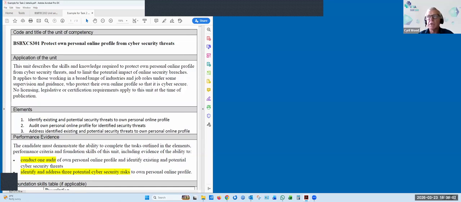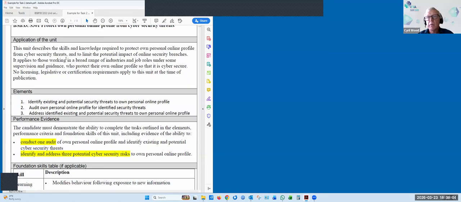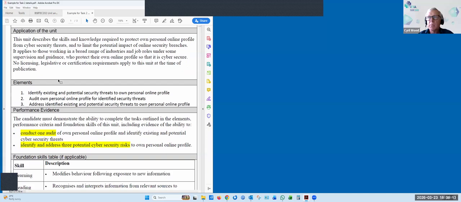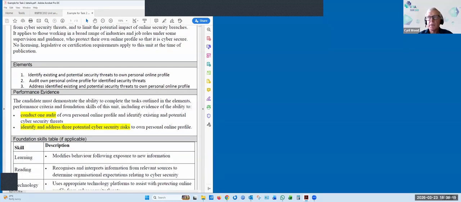So the first 4 items are just the information that you pull from the unit itself. So obviously you download the unit of competency and then copy the information in. It asks you to put in the application, what the unit is about, who it's for, the elements. So you just pull that out of the unit.